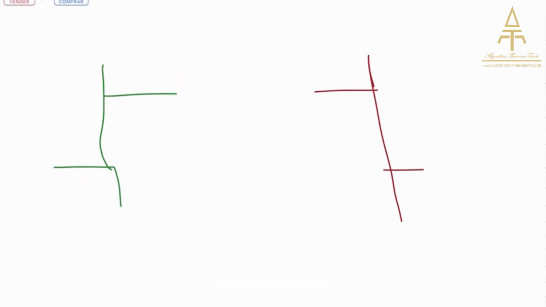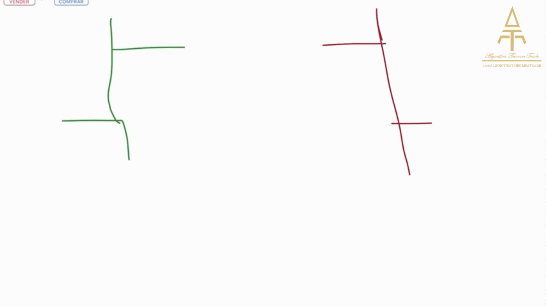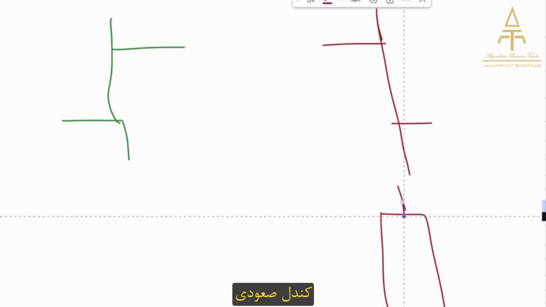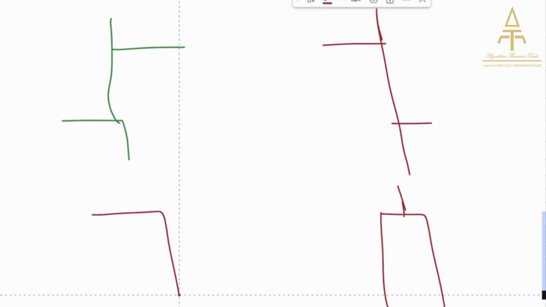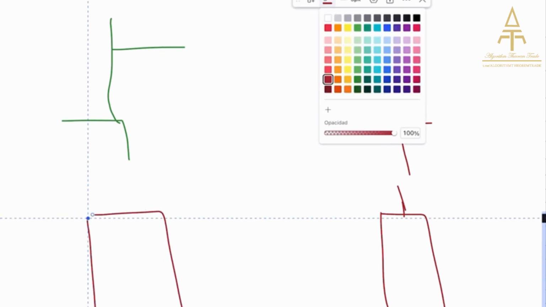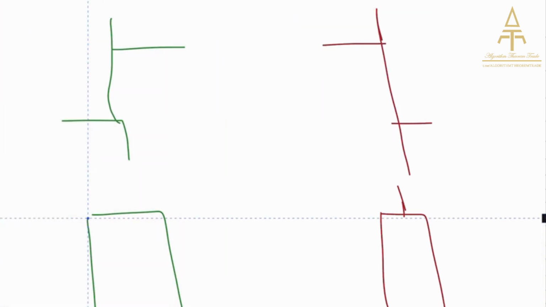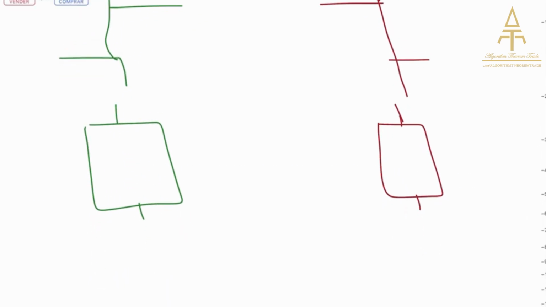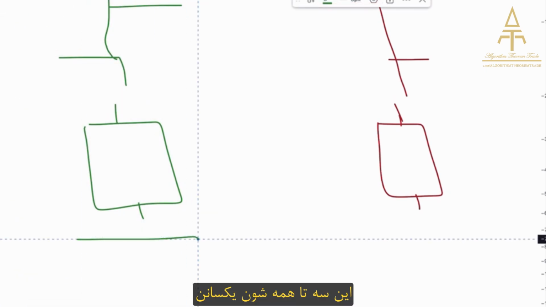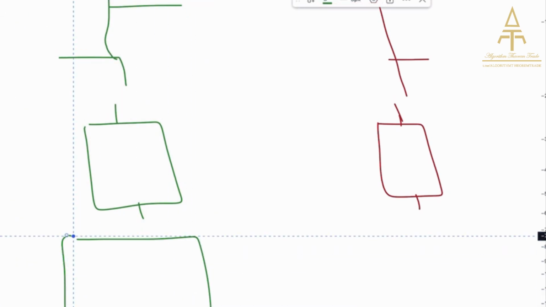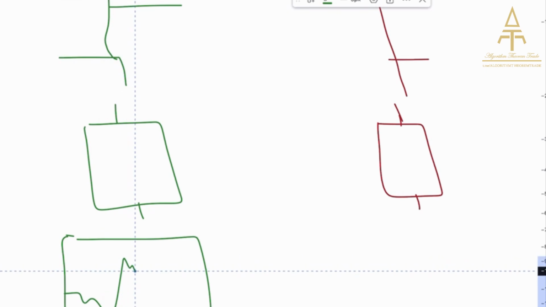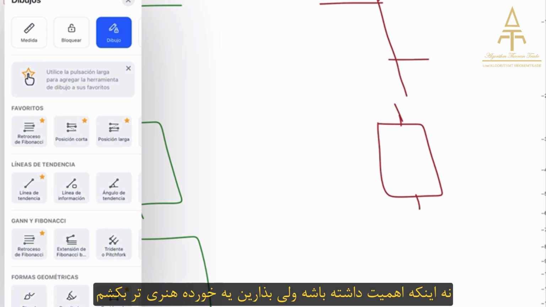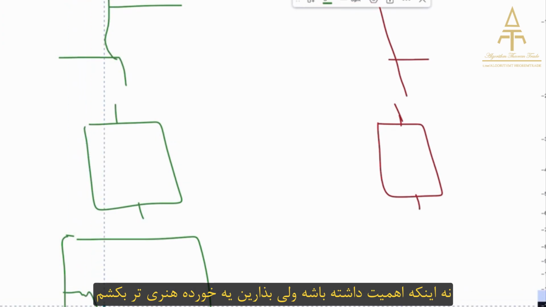It's a bearish candle, it's a bullish candle, bearish candle, bullish candle. Right, these three are the same thing. Let's make it a bit, I'm a doctor, but you know, let's make it a bit more artistic.